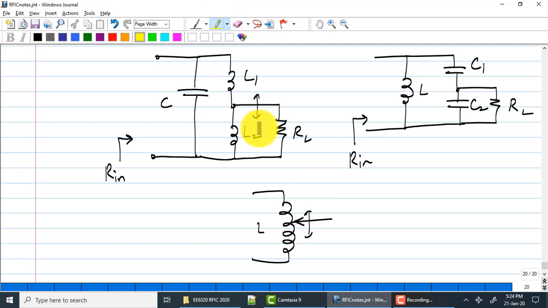Yeah, so you have to do a whole bunch of transformations now. It's not just one or two. You take these two, convert them to a series equivalent. Then you add L1 to that. You have another series. You convert that back to a parallel. Then you have a parallel RLC. If that parallel L and parallel C resonate, you will have a pure resistance.